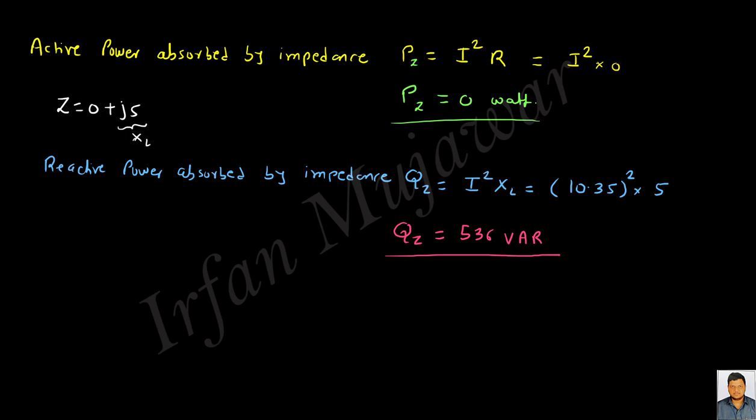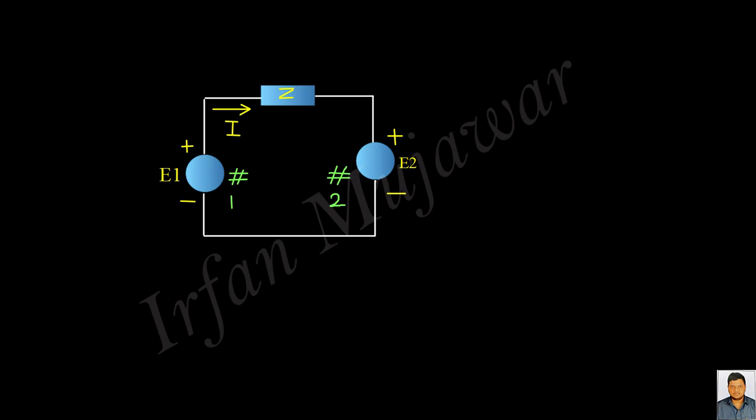Now we can indicate these quantities on the diagram. Machine 1 is taking the active power. So the direction of active power for this particular machine 1 will be like this, because it is absorbing the active power. I am using blue color for active power. How much is this power? Active power is 1000 watt. So machine 1 takes 1000 watt, it is being absorbed.